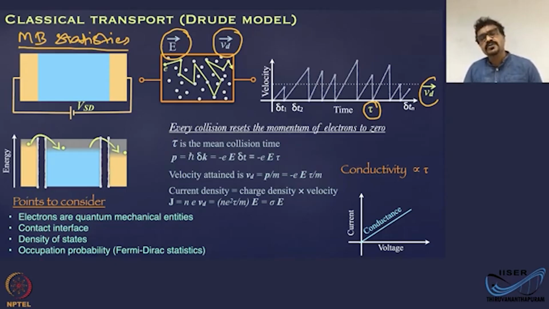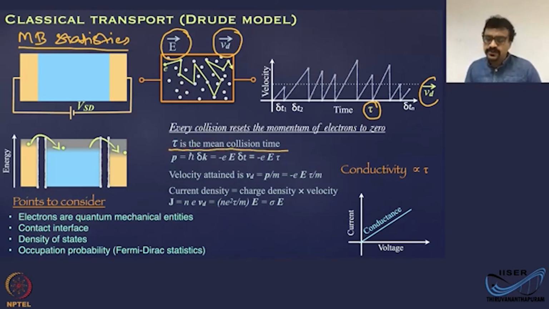Okay, so you have a number of electrons and a number of scattering events, so the statistics works pretty accurately here. So you have an average velocity by which the electrons move through the system, and the whole process is dominated by scattering or collisions. Okay, and tau here is the mean collision time.